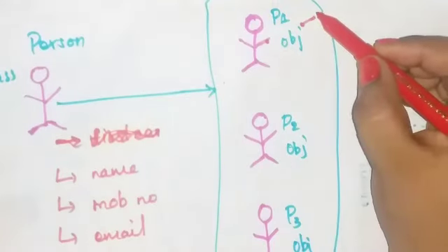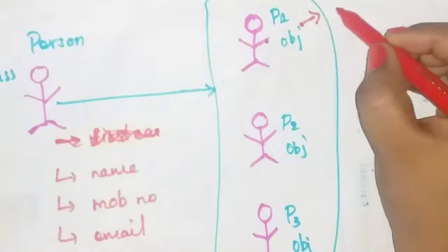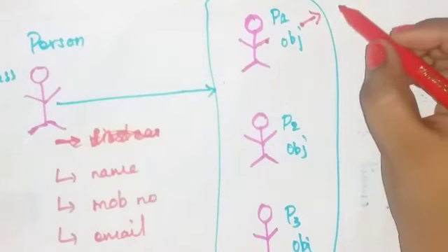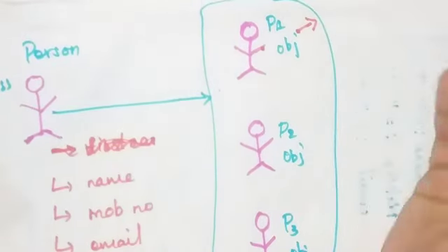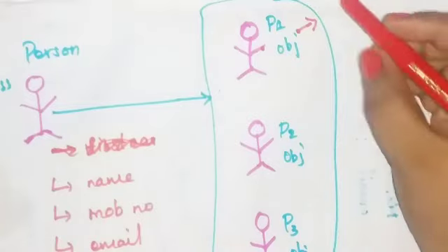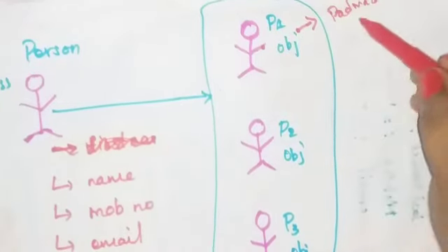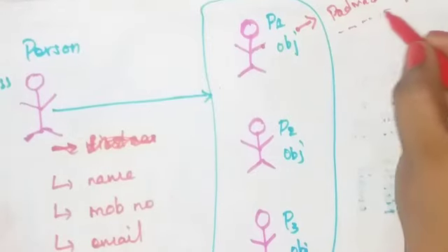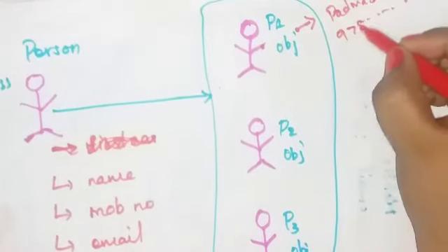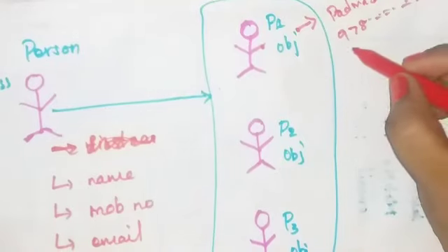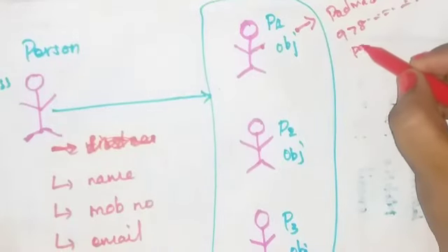But separately, each object has its own attributes and behaviors, which means each object has its own data members. The name of person one is Padmashri, his mobile number is 978 and his mail ID is Batma.